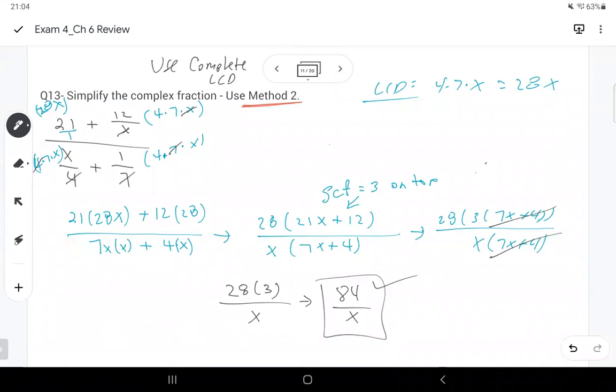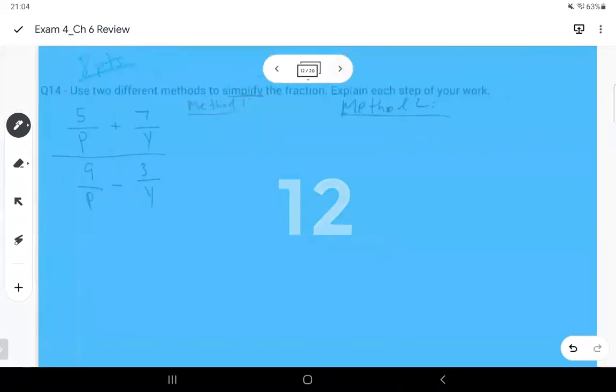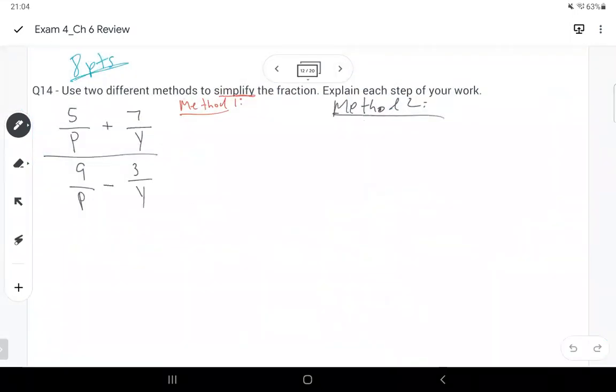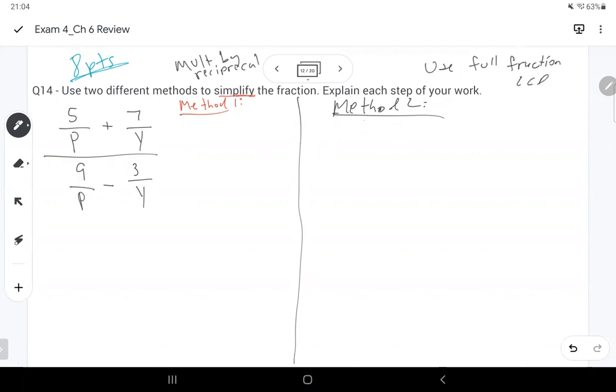All right. The next thing we're going to do is a problem using both. Okay, so remember the step you want for the first method is to multiply by reciprocal. And for method 2, it's going to be use full fraction LCD.